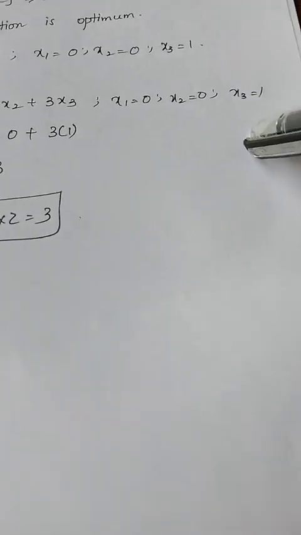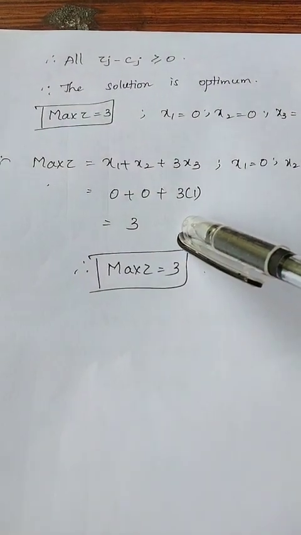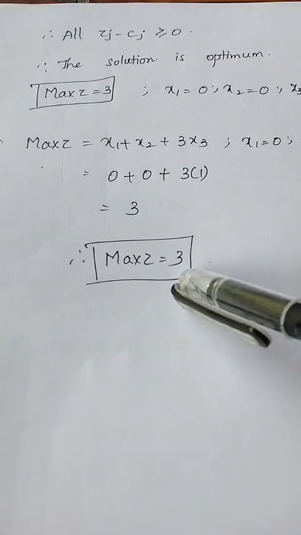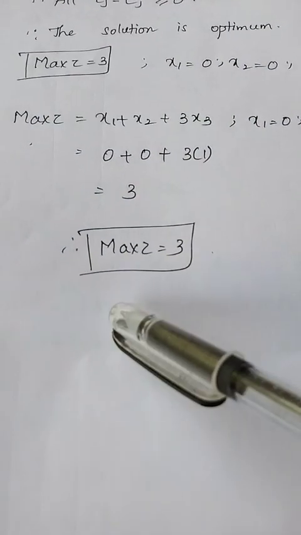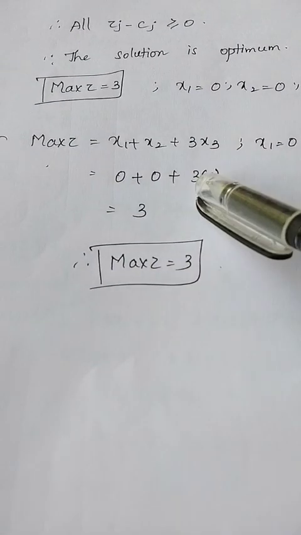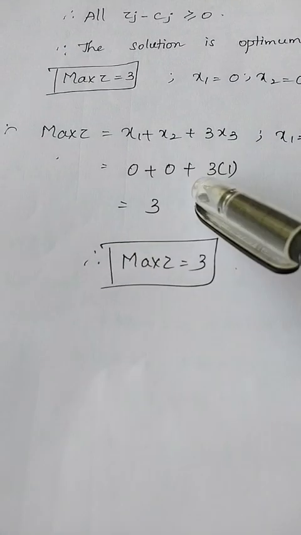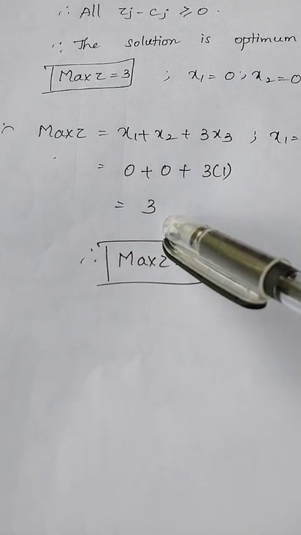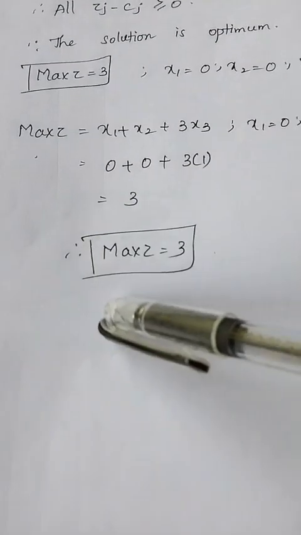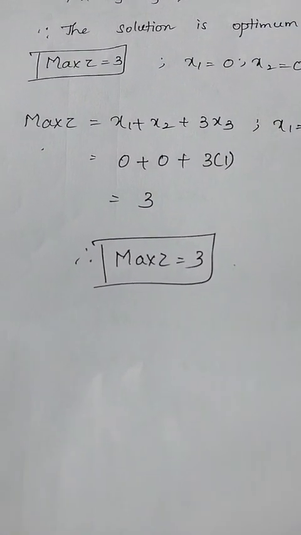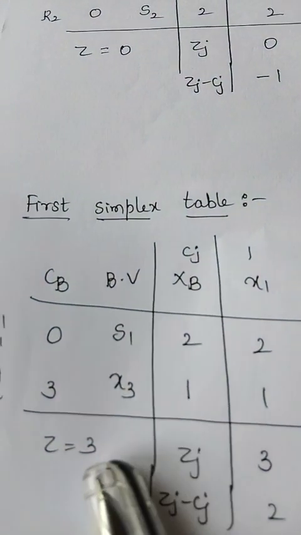By substituting these three values in the objective function, maximum z is equal to 0 plus 0 plus 3 into 1, you got the value of 3. Maximum z is equal to 3. That is what you got in the simplex table, that the value of z is equal to 3.